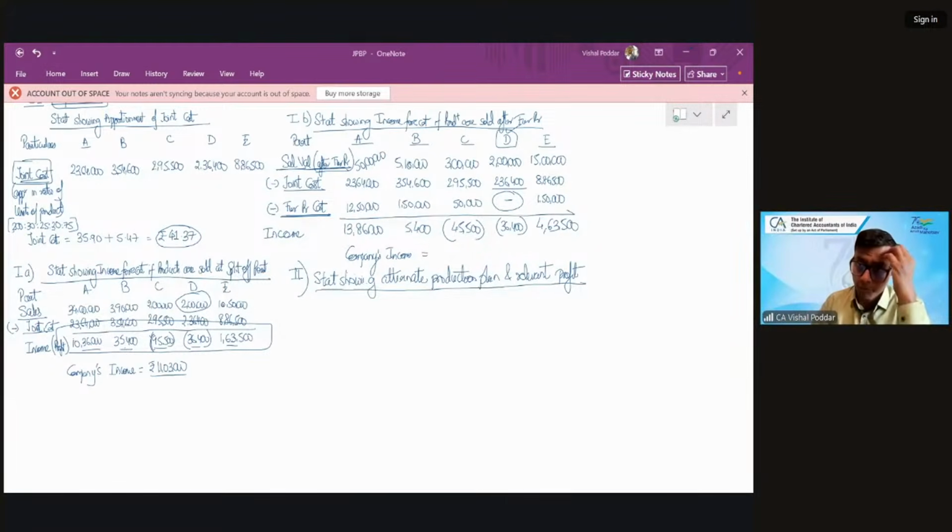Okay. So the final company profit is 1773. This 5,400 is profit. So company profit is 1773.